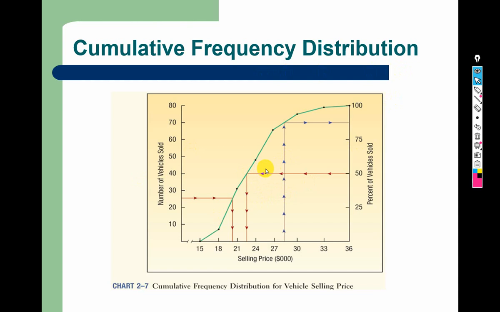So now in that lecture I introduced first how to present qualitative data in a frequency table and how to visualize qualitative data in a bar chart and pie chart. Second, I showed how to present quantitative data in a frequency distribution table and how to construct it.